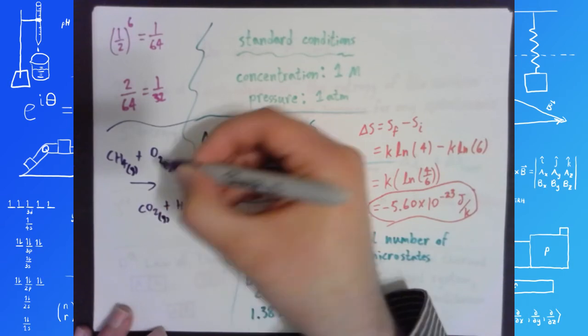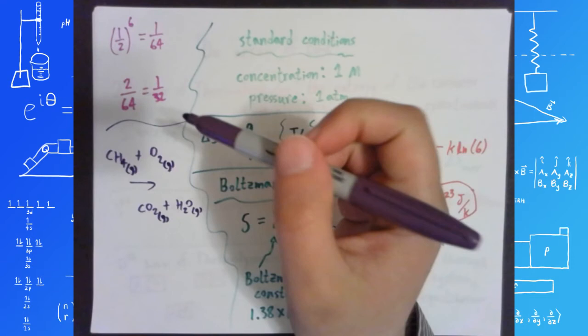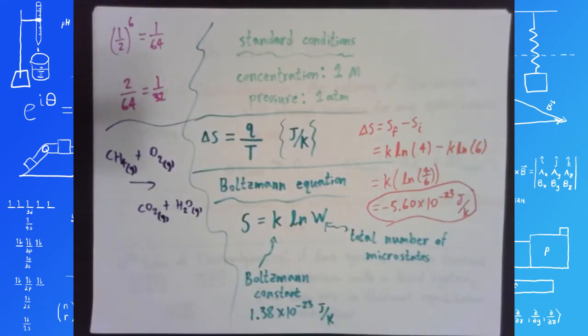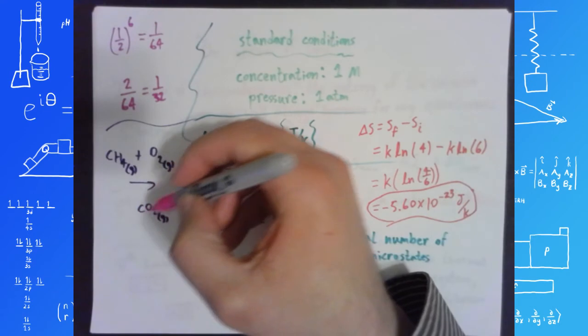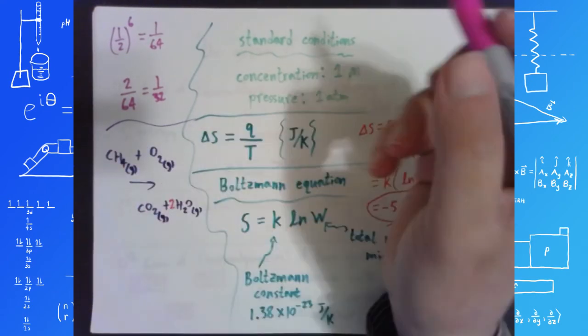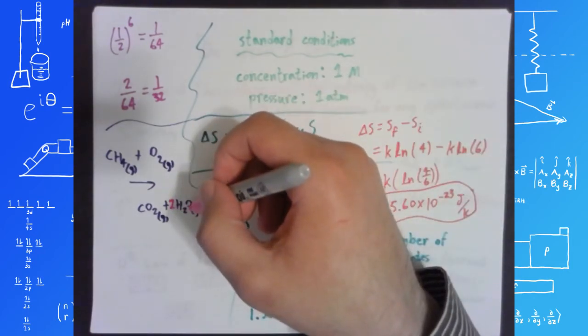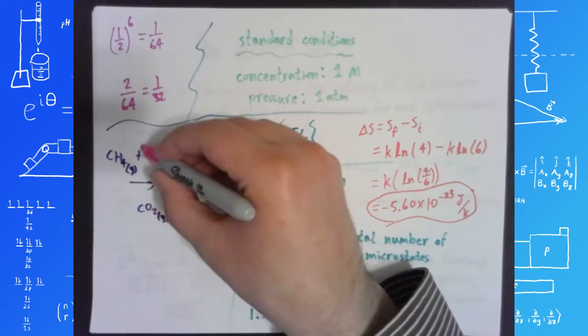Oh, I see, because everything is a gas, so you'd have to go on the basis of the number of moles, but what is the number of moles? Let's balance this. So 1 carbon, 4 hydrogen, multiply that by 2, so now you've got 4 hydrogens, and then that's 2 times 1 is 2 oxygens plus 2 there, that's 4.